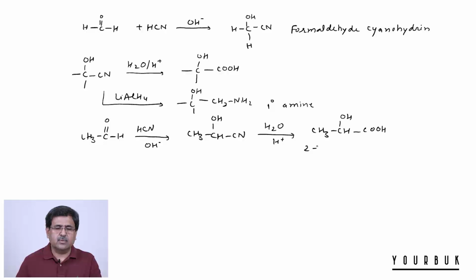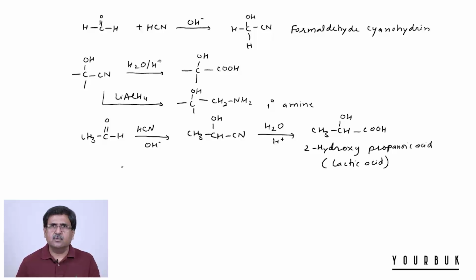This is called 2-hydroxypropanoic acid, and this acid has a common name called lactic acid. So by using this cyanohydrin formation, we can convert ethanal into 2-hydroxypropanoic acid, or we can write acetaldehyde into lactic acid.